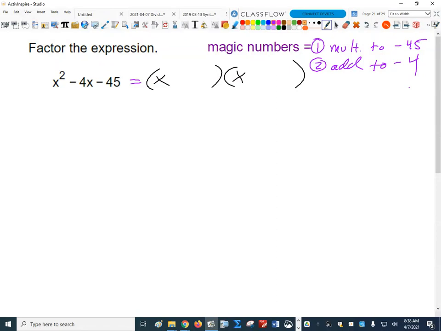For example, if we did 10 plus negative 7, the answer is 3, right? It's positive because the positive number was bigger.